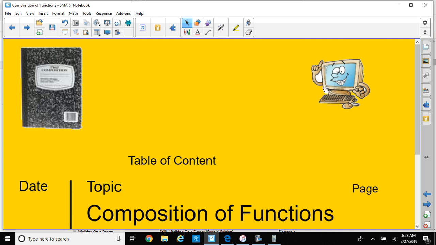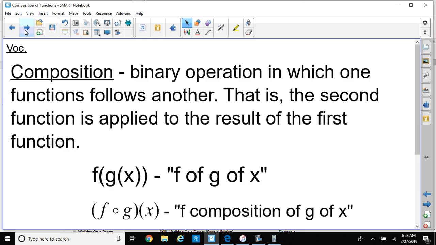All right, so let's get into our topic, composition of functions. I have a little video I'll be sharing with my students in class, so let's find out what a composition is. Composition is a binary operation in which one function follows another. That is, the second function is applied to the result of the first function. So we have f(g(x)). That is another way of saying f of g of x.